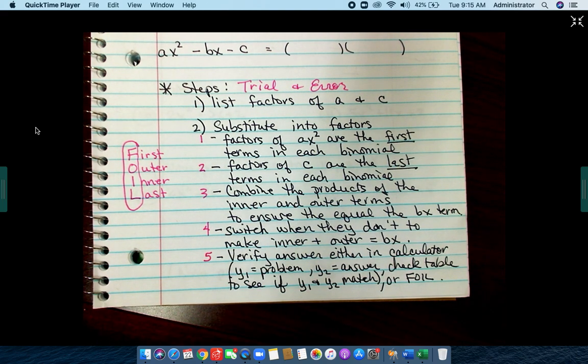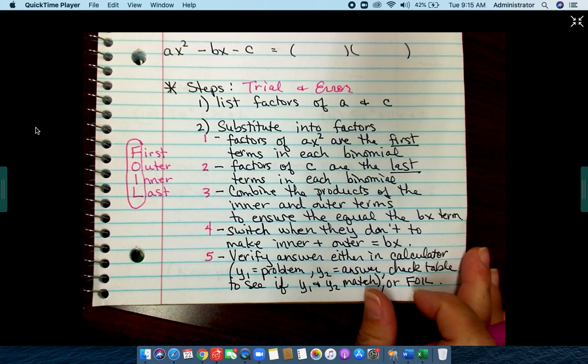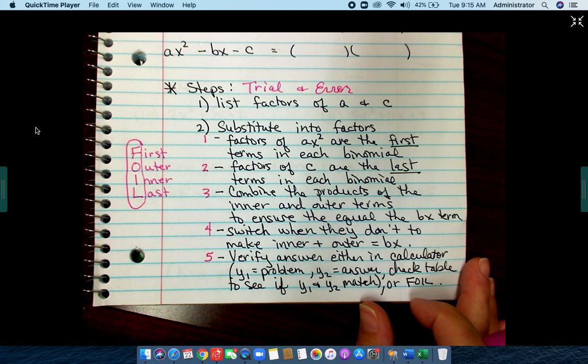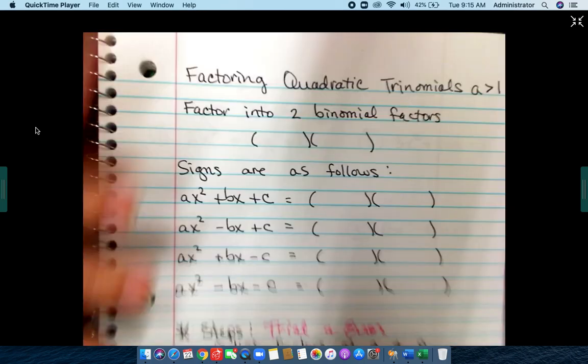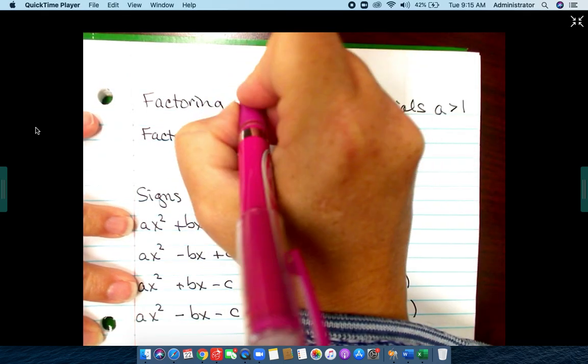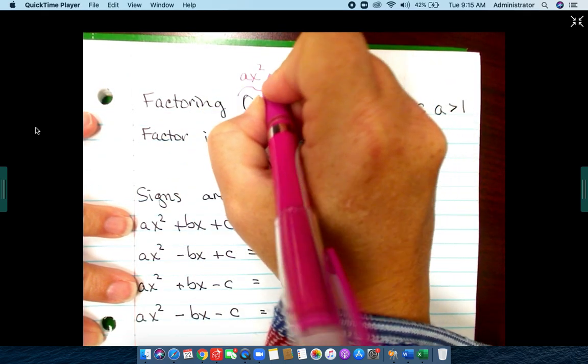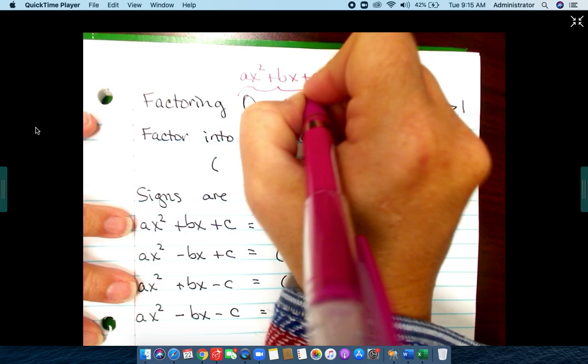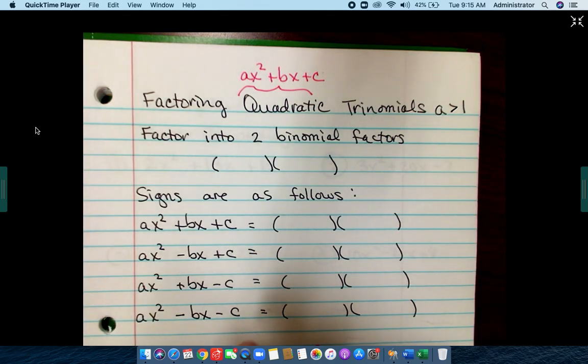And I will go ahead and get started, assuming that you have paused the video and copied all this down, okay? So again, factoring quadratic trinomials. These are trinomials that are going to be in the form ax squared plus bx plus c.